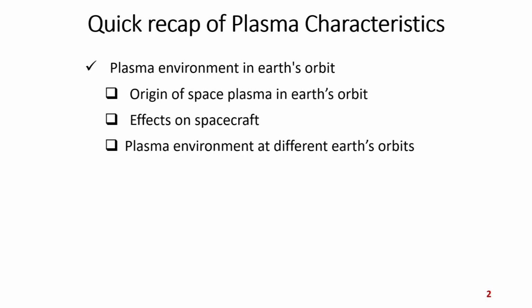We also defined the low Earth orbit plasma nature. In low Earth orbit the plasma density is high, but the energy is low, something like less than 1 electron volt. Of course, it is again a function of space weather or the solar cycle.